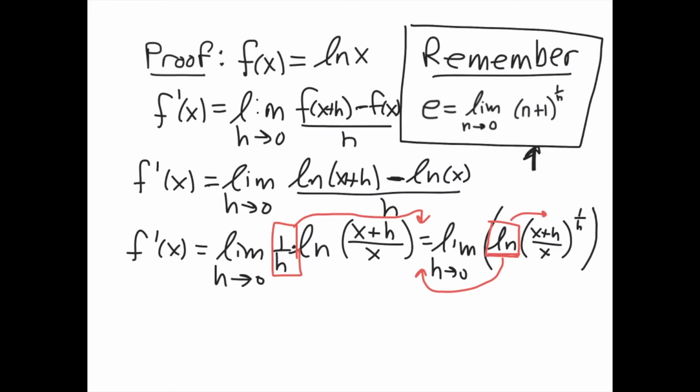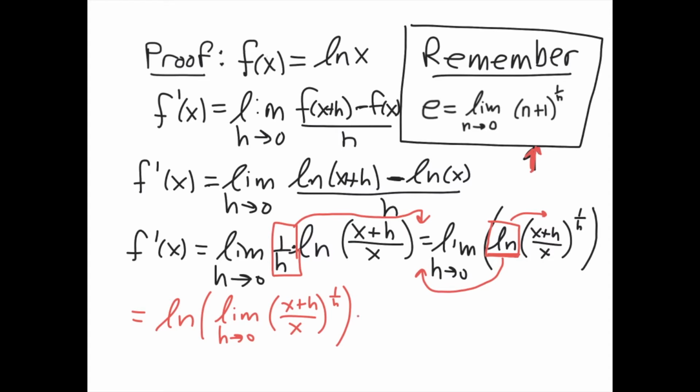Now, you might have to consider for yourself whether natural log is a continuous function, but it is. So we can pull that out of our limit. So we have now ln of the limit as h approaches 0 of x plus h over x to the 1 over h. And you might start seeing how this is going to come together and get more and more close to this value of e over here.